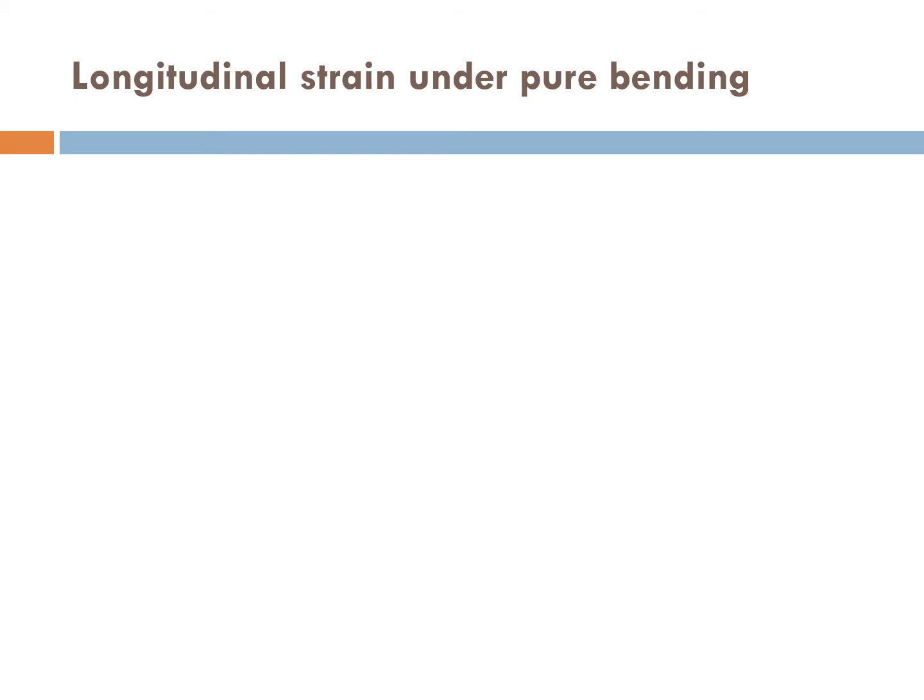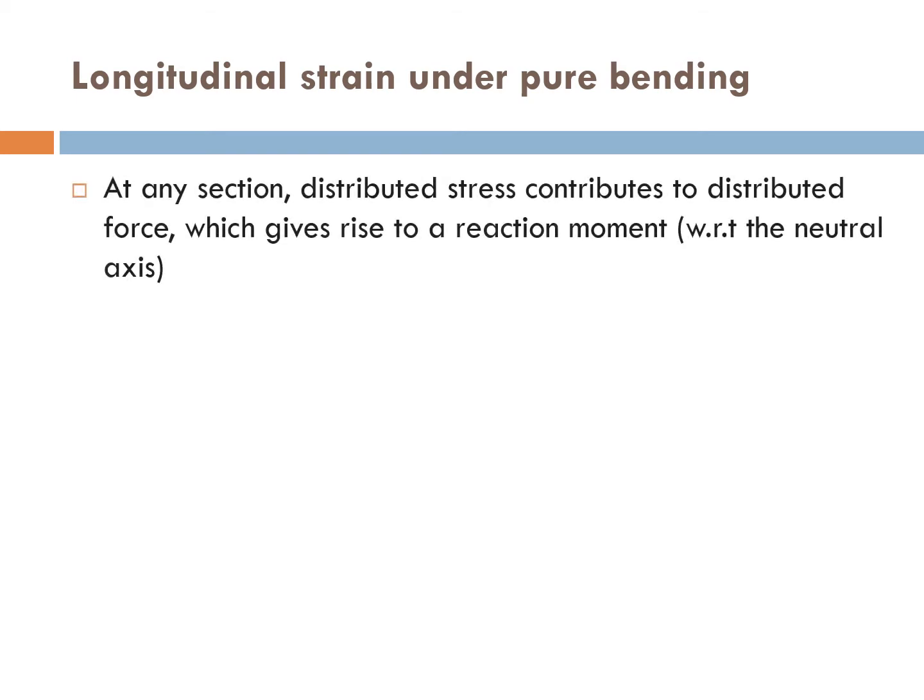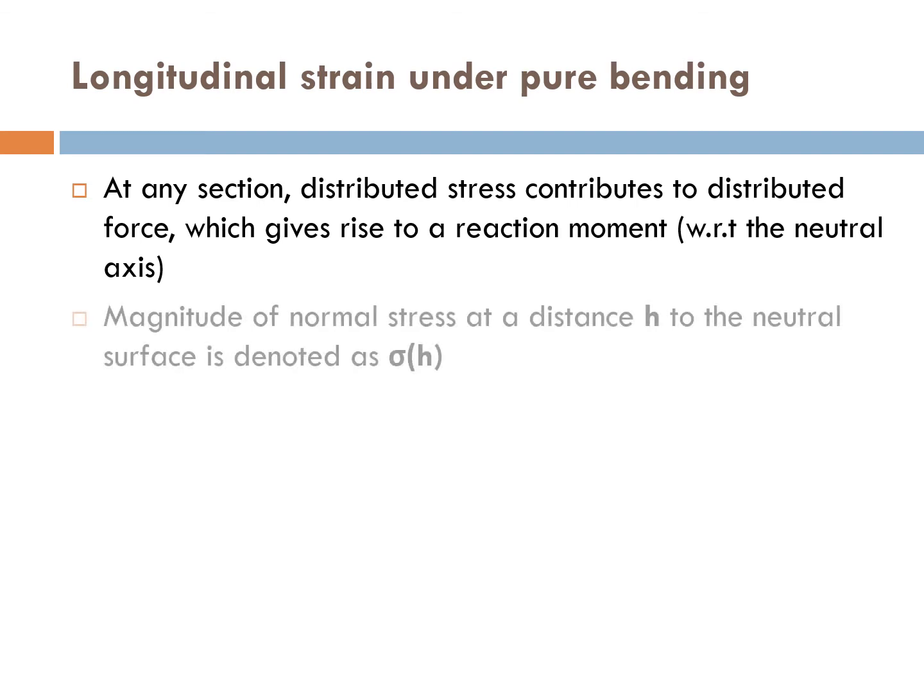The magnitude of stress at any location in the beam under pure bending mode can be calculated by following the procedure discussed here. At any section, the distributed stress contributes to the distributed force, which subsequently gives rise to a reaction moment with respect to the neutral axis. The magnitude of normal stress at a distance h to the neutral plane is denoted as sigma h.